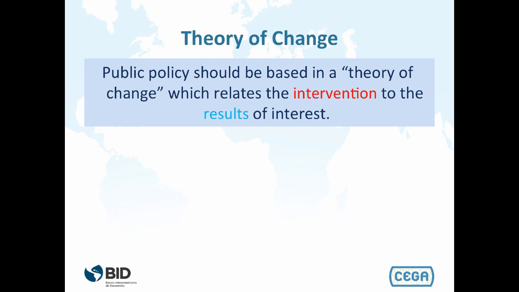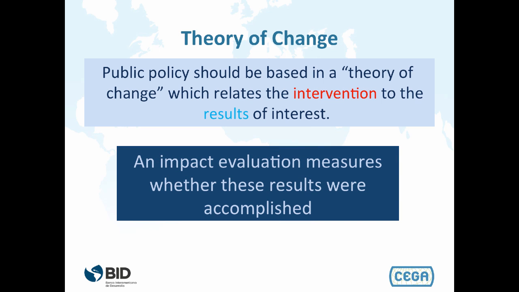We'd like to know, is there a plausible mechanism, a plausible series of physical and behavioral responses that would lead the intervention to reasonably be able to improve the outcome of interest. An impact evaluation measures whether or not these results were accomplished. So we use the theory of change to set up and guide the research questions and our measures of success, or our indicators of success.